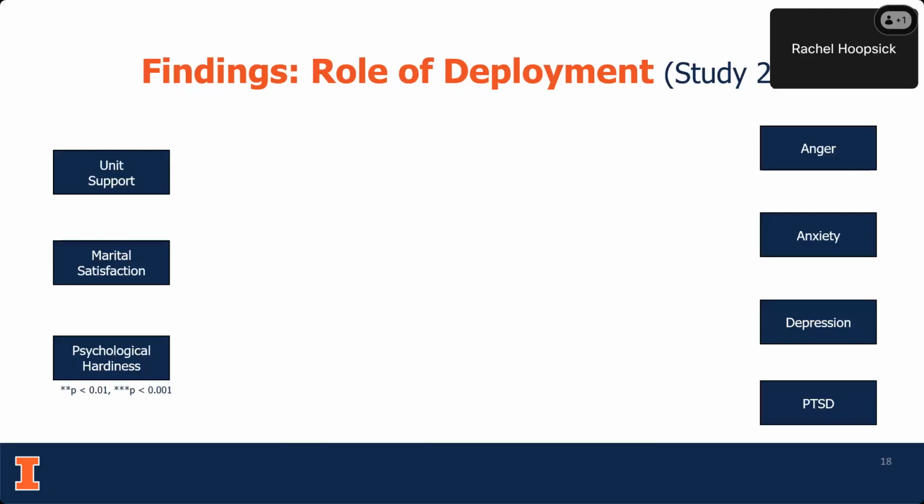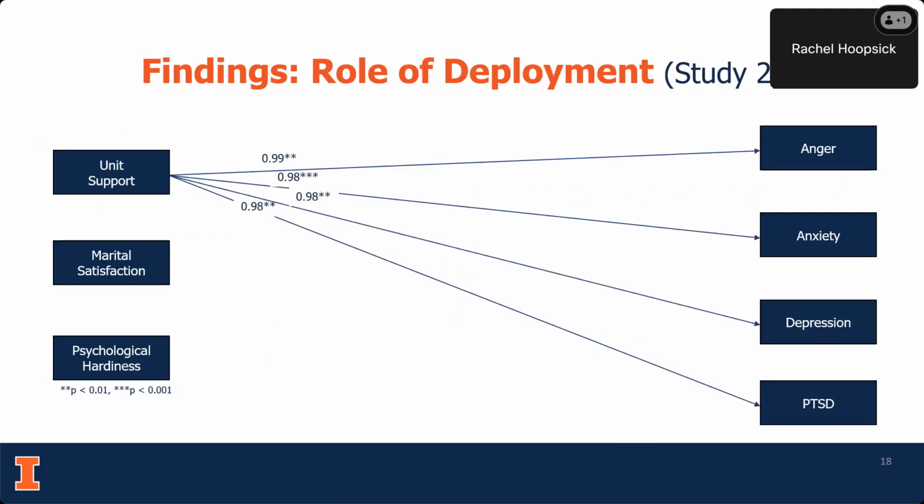So given that we have some overlapping symptomatology and shared variants of some of the mental health outcomes, we used a multivariable path analysis approach here to examine really the simultaneous effects of these different resiliency factors on all of those mental health outcomes.